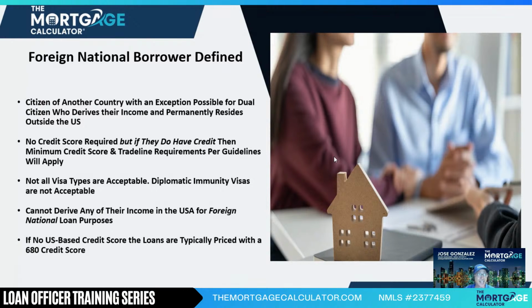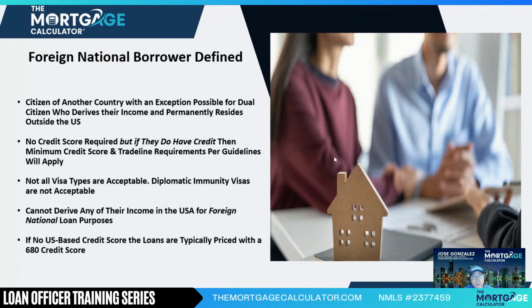So what exactly is a foreign national borrower? They would be, I guess, at the bottom of that totem pole in reference to status in the U.S. because they don't have any status in the U.S. They are a foreign national borrower. They are a citizen of another country.